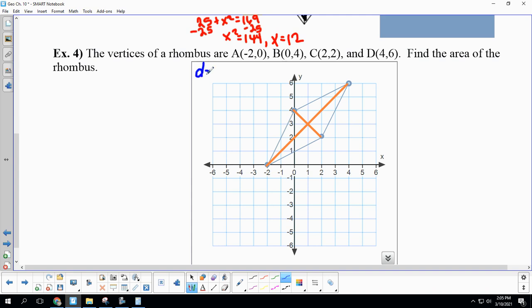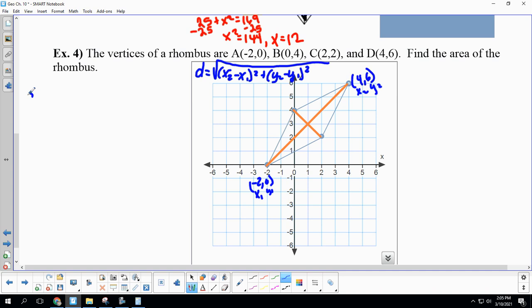So the distance formula says the square root of x2 minus x1 squared plus y2 minus y1 squared is the distance between 2 points. So if I want to find the distance from -2, 0 to 4, 6, I'm going to say, well, this is x1, this is y1, this is x2, this is y2.